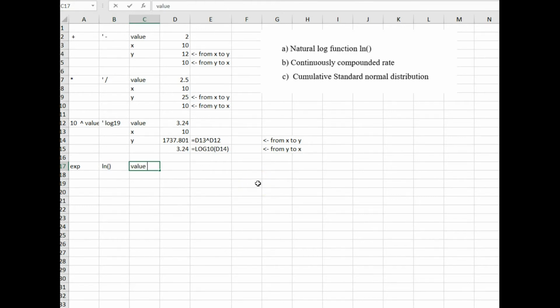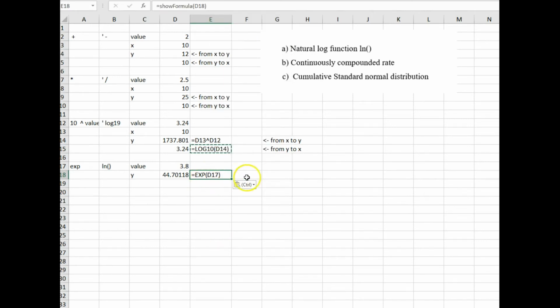Let's just assume any value, for example 3.8. So this is y. Okay. So y will be the exponential function. We covered this one. Let's use show formula.